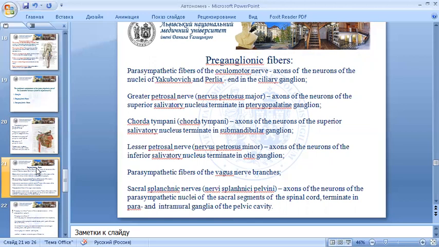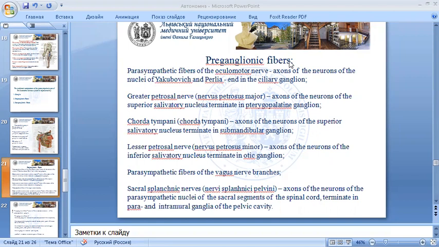First, the parasympathetic fibers of the oculomotor nerve, which are the axons of neurons of the nuclei Yakubovich and Perlia, terminate in the ciliary ganglion. The greater petrosal nerve is also related to the preganglionic fibers.